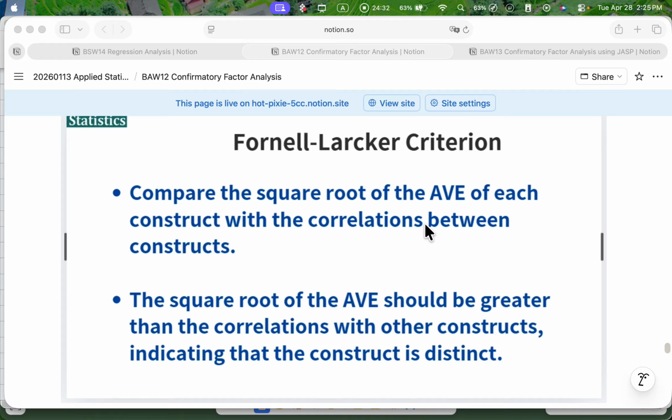If I calculate the AVE and take the square root, then I have to compare it with the correlations between the other constructs.